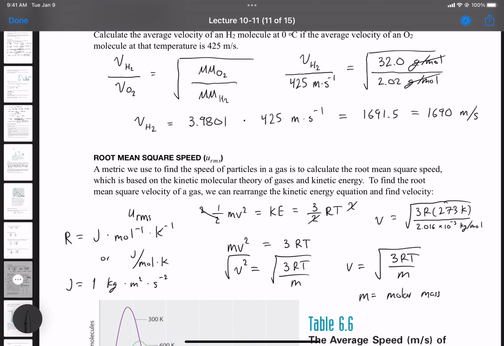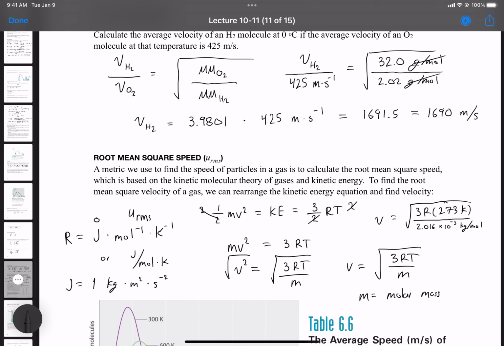Okay, so in this case, the units will now cancel, right? The joules will cancel, your moles will cancel, and your kelvins will cancel. So all you have left is meters per second, because you would square root it and it will turn into meters per second. The constant here is a little bit different.